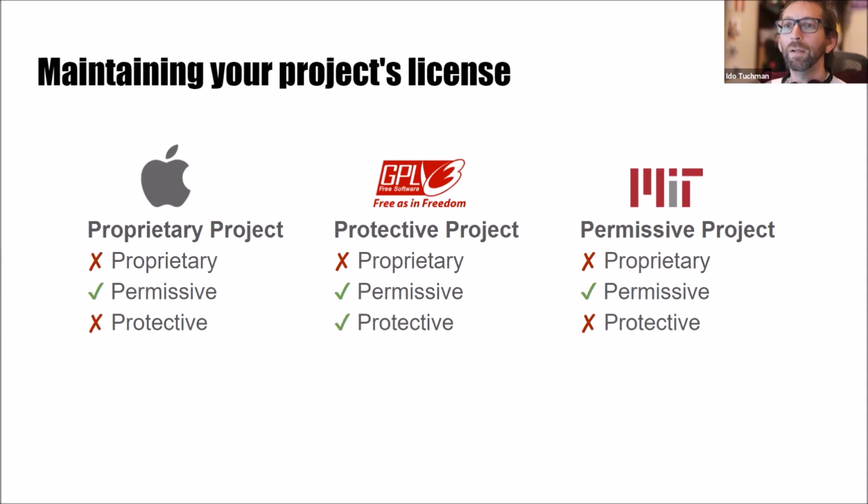There are some libraries out there that say they're MIT, but they have dependencies that are GPL. If you audit those dependencies, you'll see that they are not really MIT licensed software.